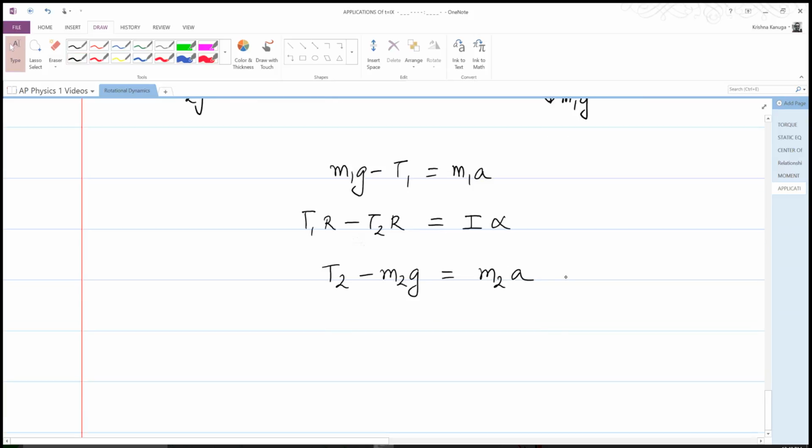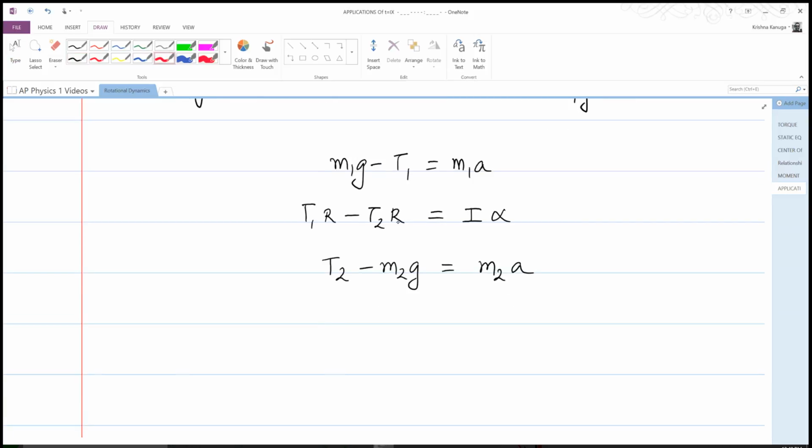Now once again we have four unknowns: T1, T2, a and alpha. But if you assume that the string does not slip on the pulley, then we know that a is equal to R alpha.